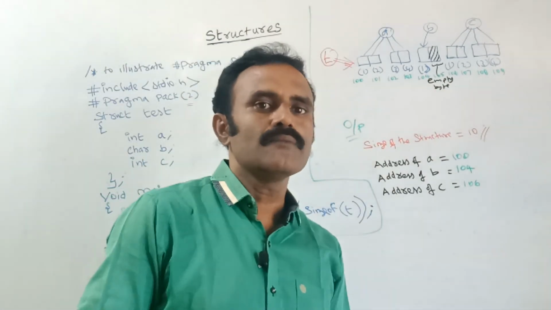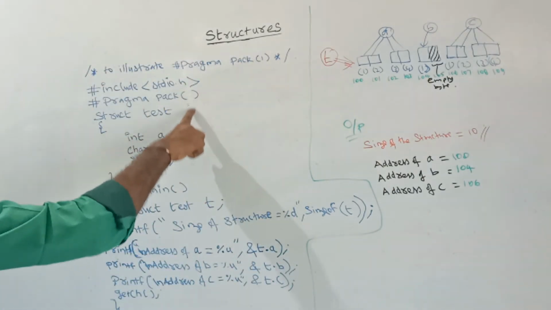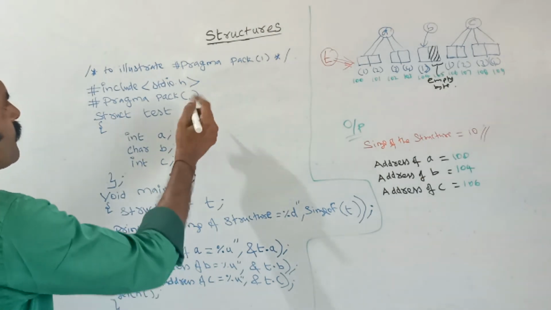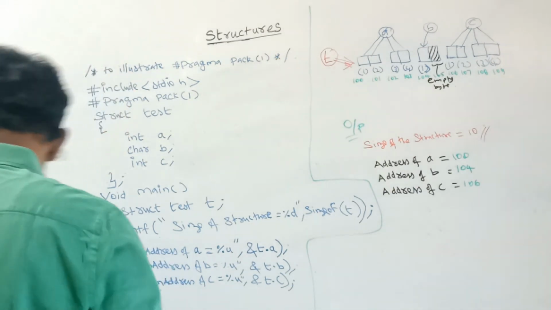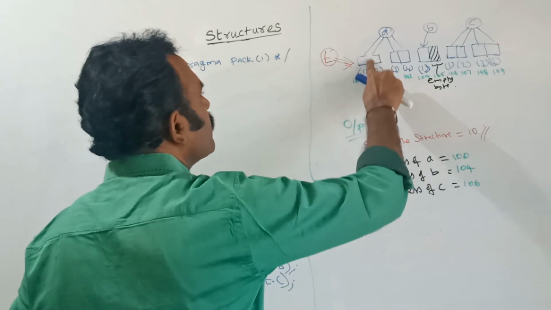See the same example. Suppose instead of this I am using pack of 1. Here each and every time it will allocate 1 byte.